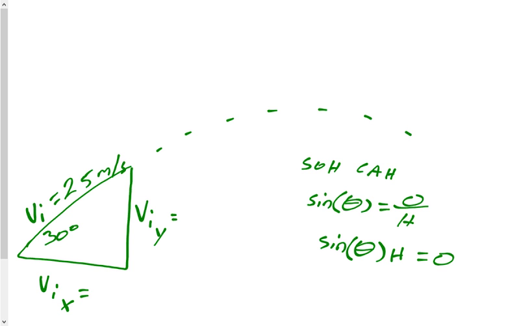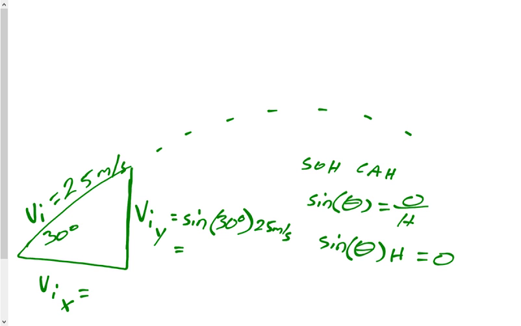Well, that means that relative to this triangle, the y component, which is the opposite side, is going to be equal to the sine of, in this case, 30 degrees times the hypotenuse. And in that case, we're looking at 25 meters per second.